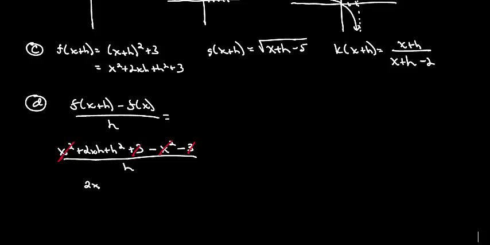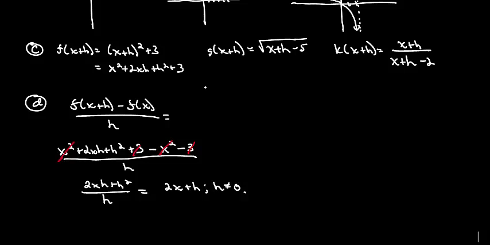And I'm left with 2xh plus h squared over h. And that is exactly equal to 2x plus h as long as h is not 0. If h is 0, this whole thing is going to break down, right? Because we can't divide by 0. So these two guys are equivalent at all spots wherever h is not 0. So this graph right here would be the same.